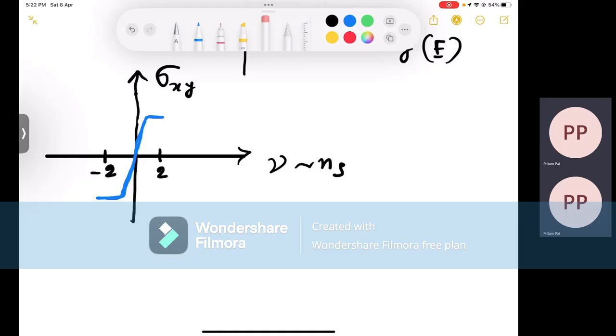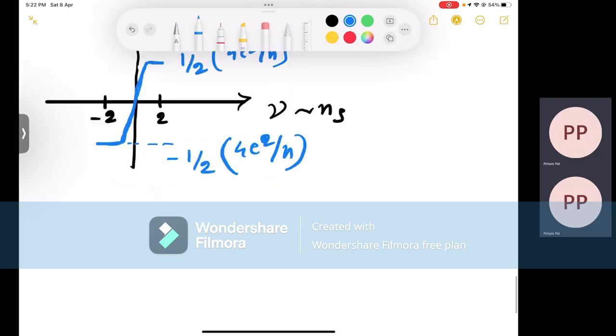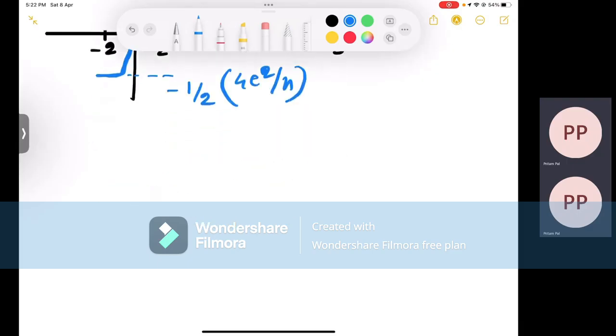Yeah, so this plateau will be this is one half. One second. Then the next level, right?